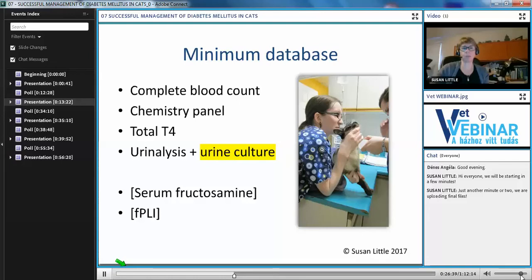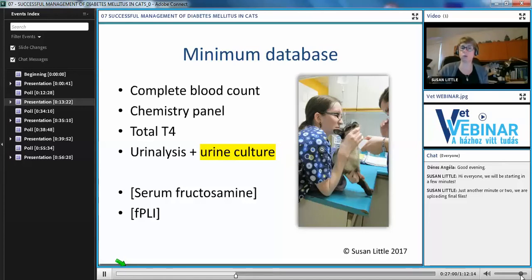So in order to have a full assessment of our patients, we do need a minimum database. So that means a complete blood count, a serum chemistry panel, a total T4, a urinalysis and a urine culture, because there is a risk that these cats have a urinary tract infection, and it's usually occult. There's usually no clinical signs.